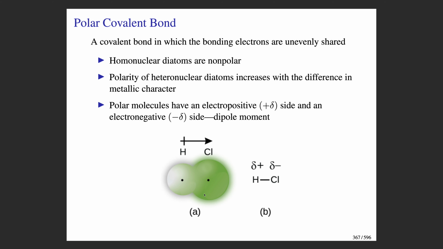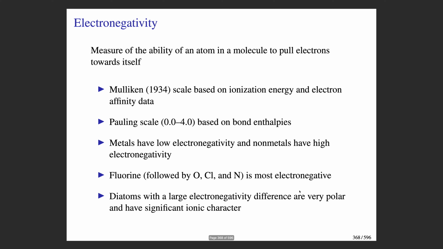The polarity of a given molecule increases with the difference in metallic character between the two atoms. And so hydrogen is much more like a metal than chlorine is. And so this gives rise to a polar bond. We use the term electronegativity to quantify the ability of an atom in a molecule to pull electrons towards itself. There's various ways of defining electronegativity.